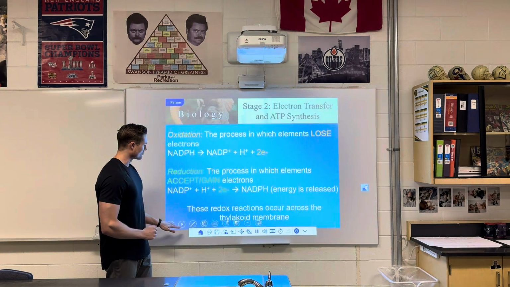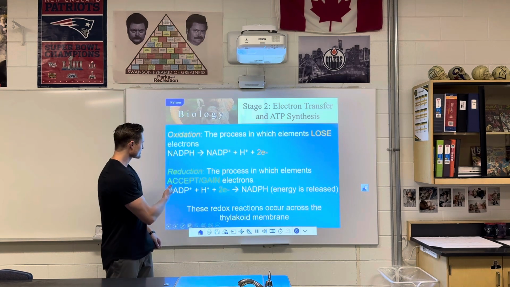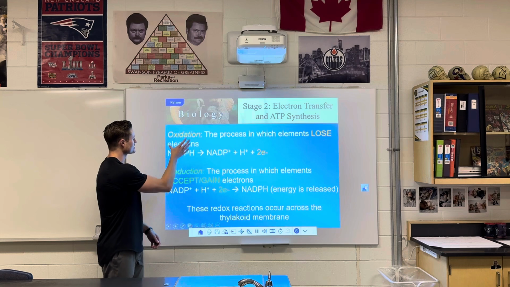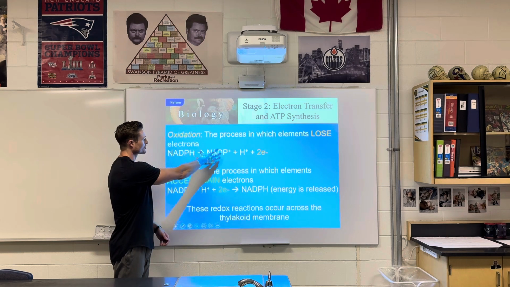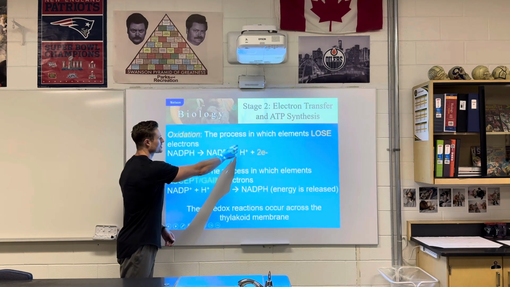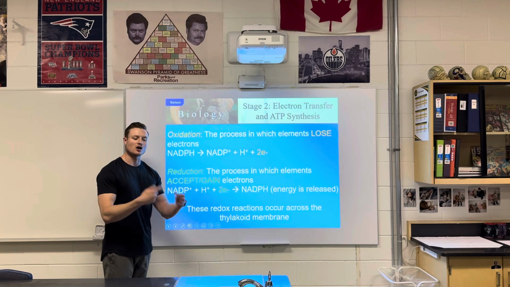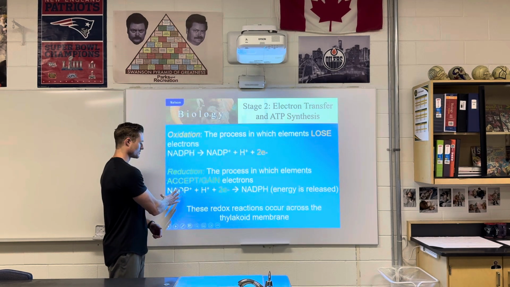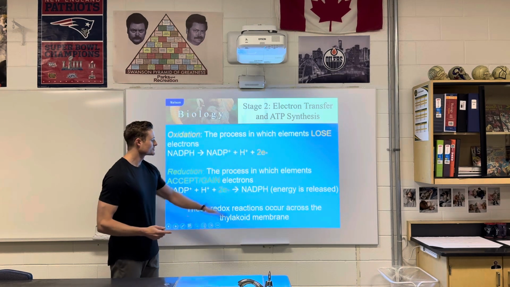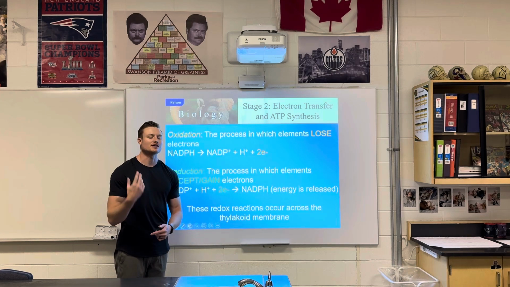The opposite of that would be a reduction reaction, where you are gaining electrons. In this example, here's my oxidation reaction: I take my NADPH, which we talked about earlier, and turn it into NADP+, H+, and 2 electrons. I would be giving up 2 electrons, so we count that as an oxidation reaction. Now, if I take NADP+, add 2 electrons and hydrogen to make NADPH, this is a reduction reaction because we are gaining electrons.